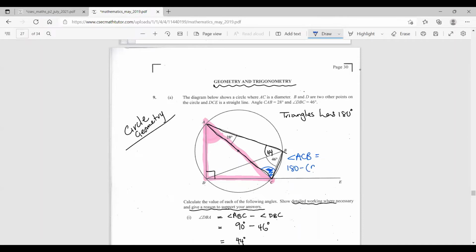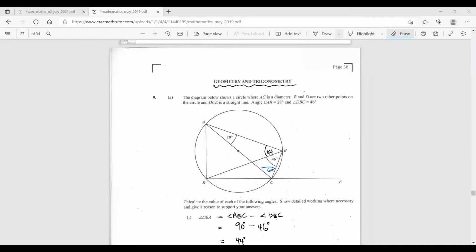So that will be 28 plus 44 plus 46 minus from 180, giving me 62. Right, so we found 28, we found 44, we found 46, we found 62.